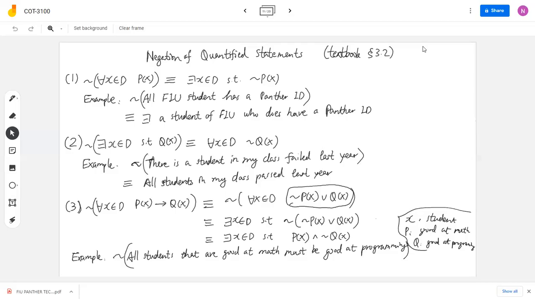Intuitively, the negation should be there exists a student x such that x is good at math and x is not good at programming.